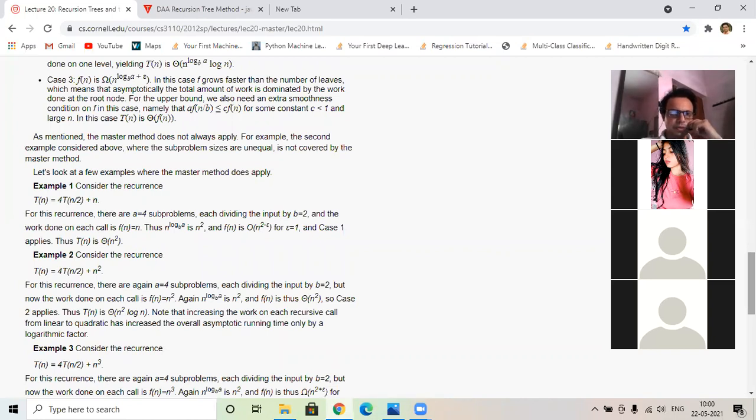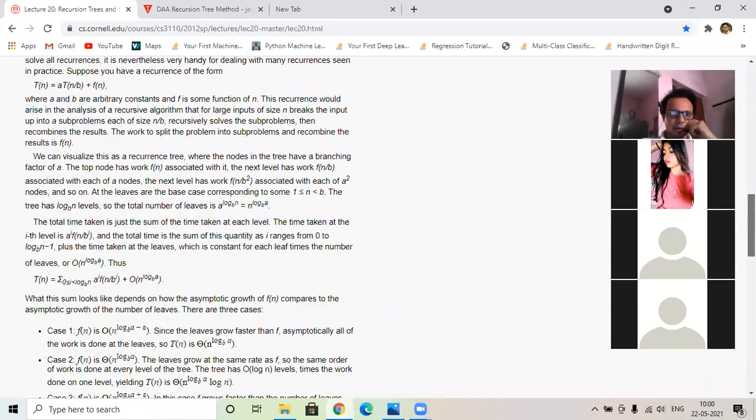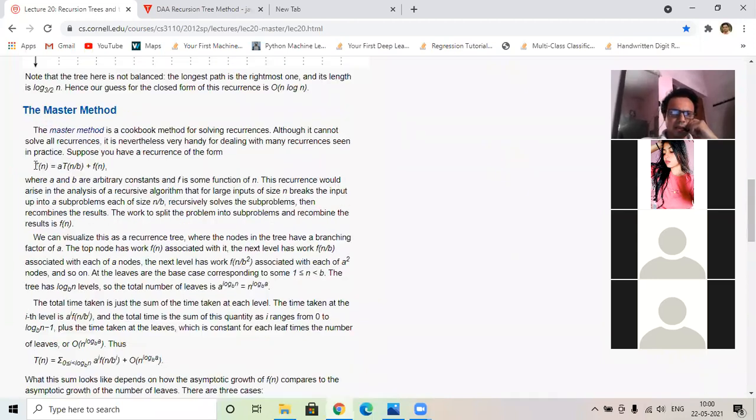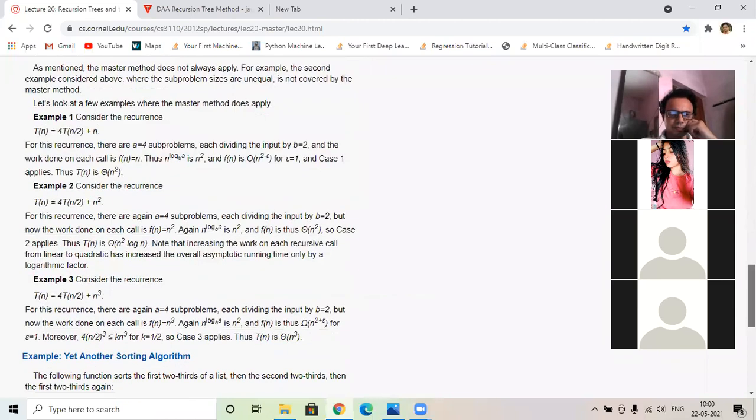At first you have to check whether you can solve it using the master method or not. Again I am telling you, if any recurrence can be depicted in this form, only then you can solve it using the master method. So we can solve it.